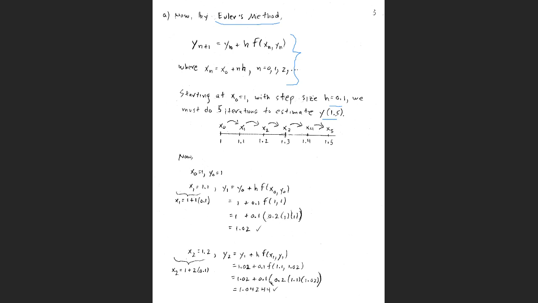In this problem, you're starting off at x equals 1, so that's your x sub 0. With a step size of 0.1, in order to get to 1.5, you have to hop out 5 steps. That's why you're going to need to do 5 iterations.